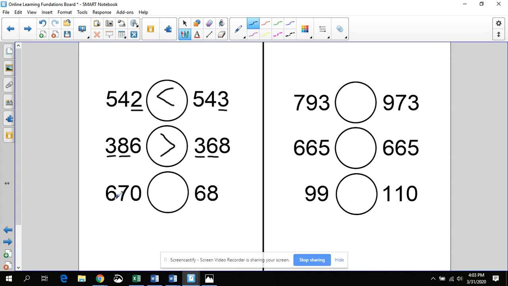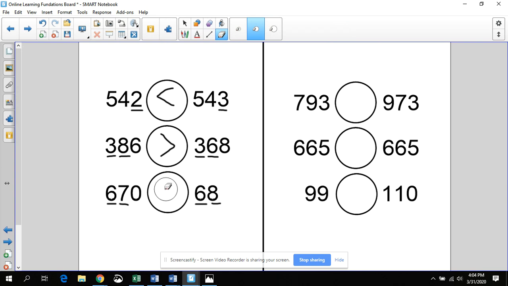Now, the one last thing I need to talk about is you have to make sure they have the same amount of digits. If I do this like the other two, 6, 7, 6, 8, I might say that one is greater than. But 670 has 3 digits, which means it has ones, tens, and hundreds. 68 only has 2 digits, which means ones and tens.